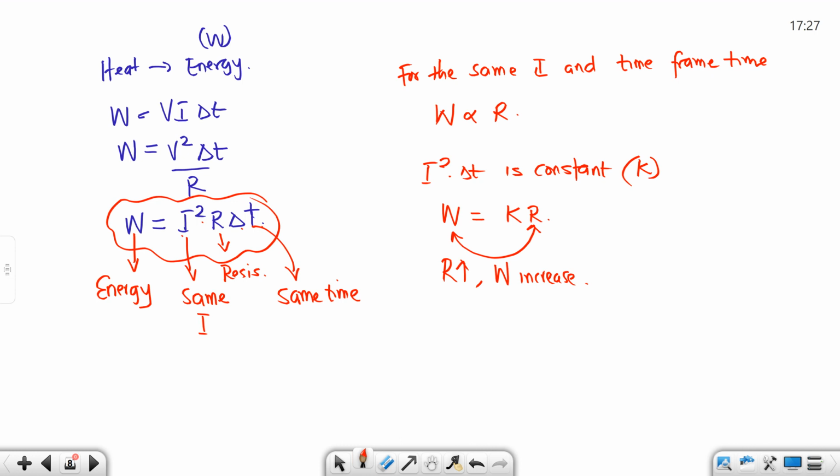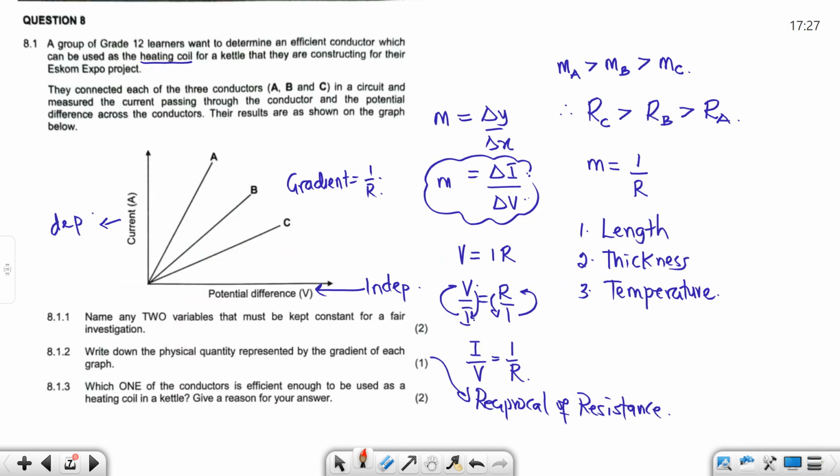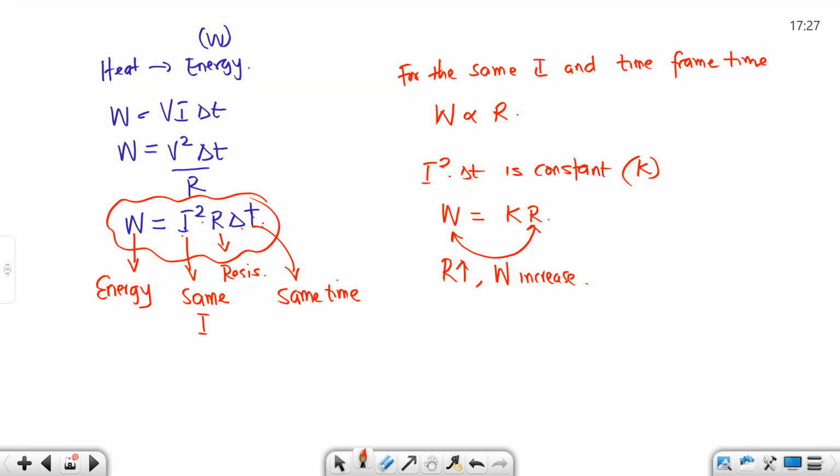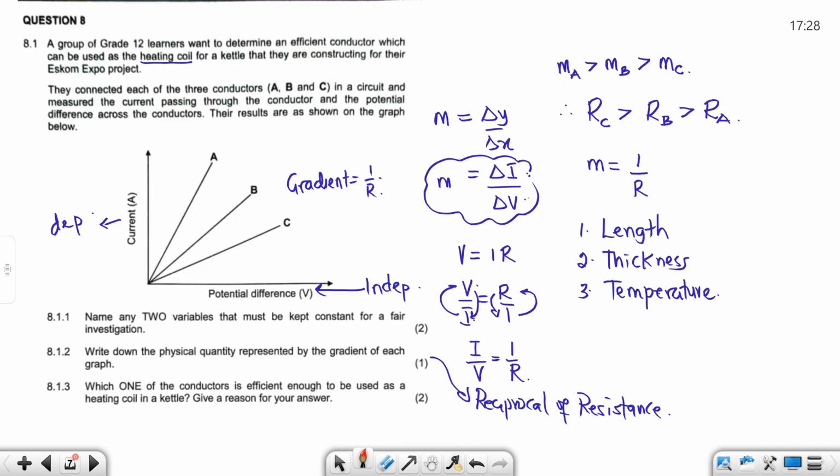The question says, which one of the conductors is efficient enough to be used as a heating coil? Which one will produce more heat? The one with the higher resistance. So what would be our answer? C. Give a reason for your answer.